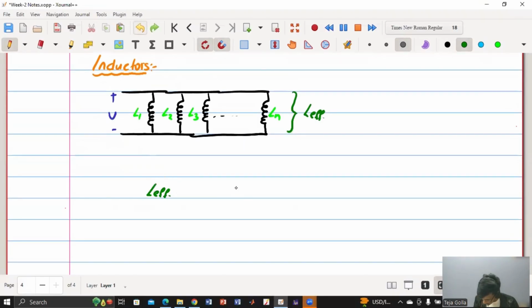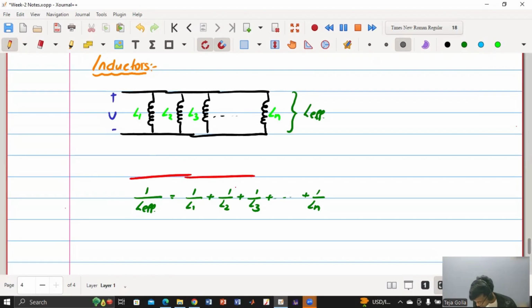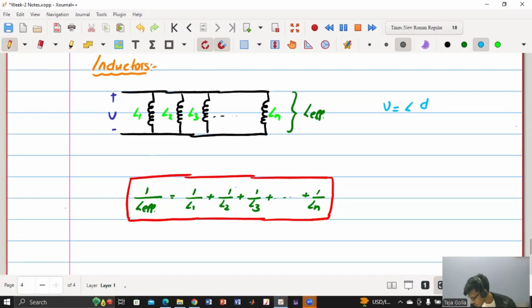So let me write it properly. We have 1 by L effective is nothing but 1 by L1 plus 1 by L2 plus 1 by L3 plus up to so on 1 by Ln, similar to resistors. Whatever is done there, we have to do the same thing here also. You have to apply KCL to the IV characteristics of all the inductors, given by V equals L into dIL by dt, where V is the same.